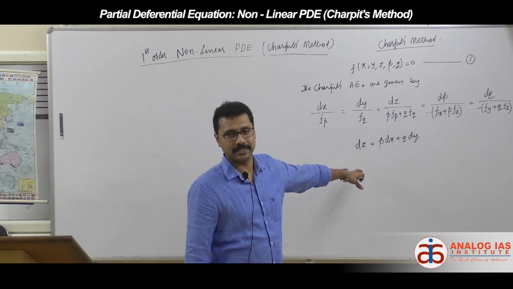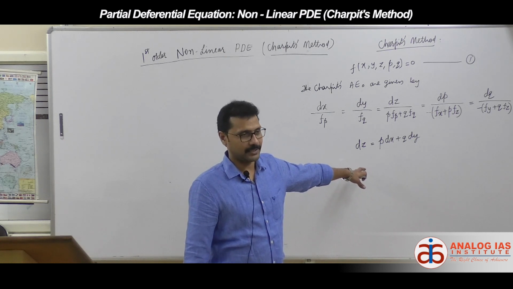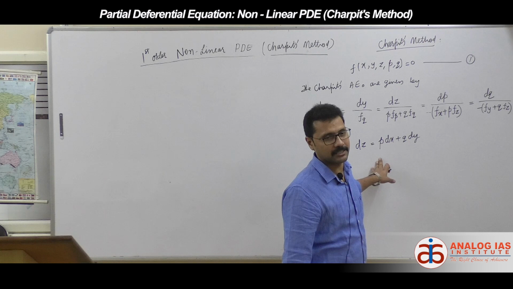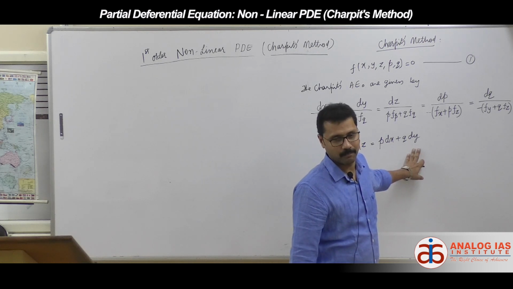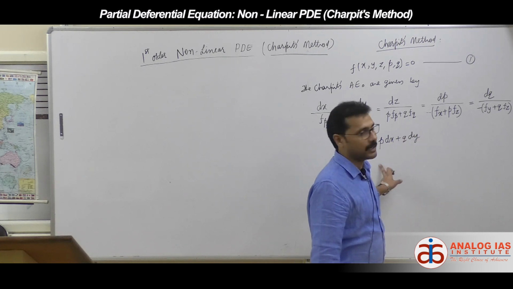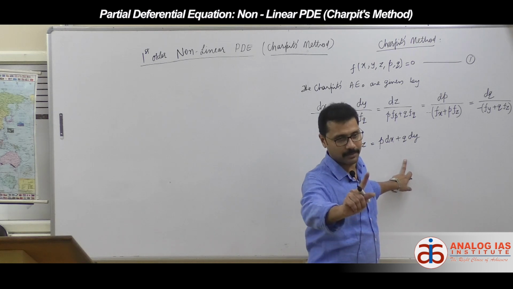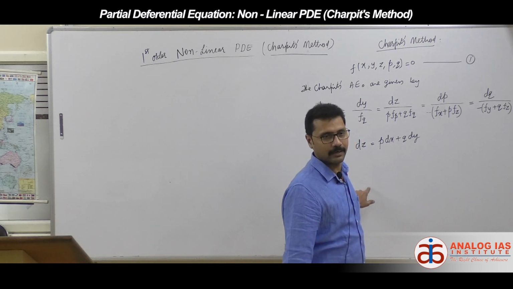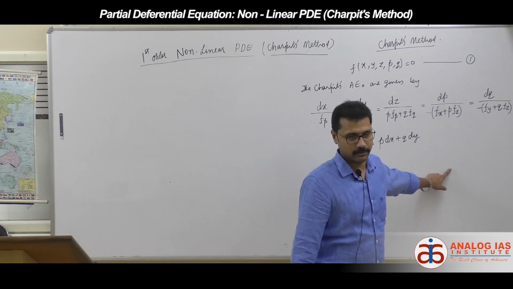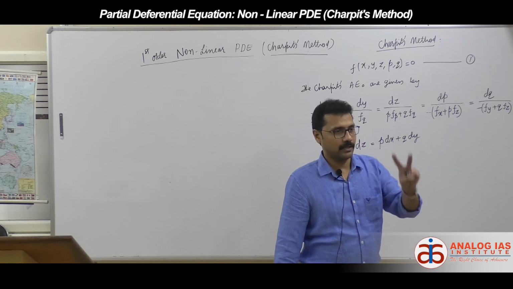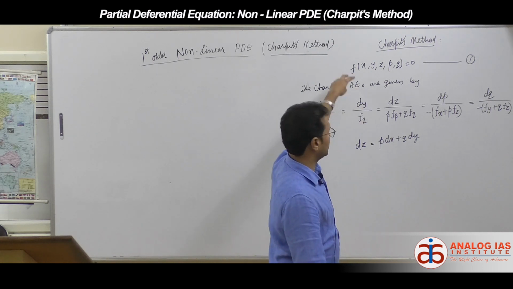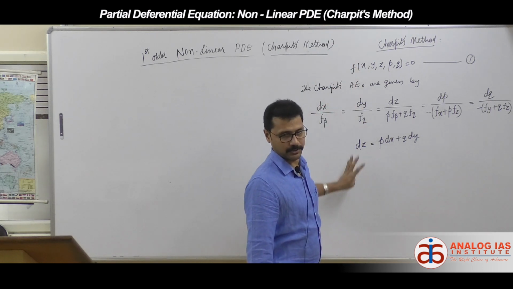This is quite obvious, since z is a function of x and y, dz is always equal to dou z by dou x dx plus dou z by dou y dy. Get p and q both in terms of one arbitrary constant, substitute in this one, again integrate, you will get the second arbitrary constant also. Two arbitrary constants in two independent variable scenario in the first order gives rise to your complete solution.